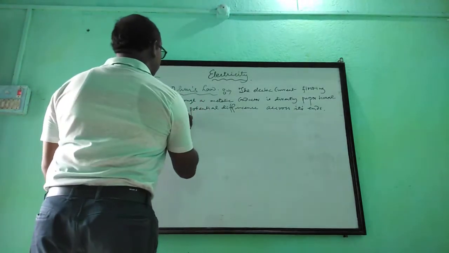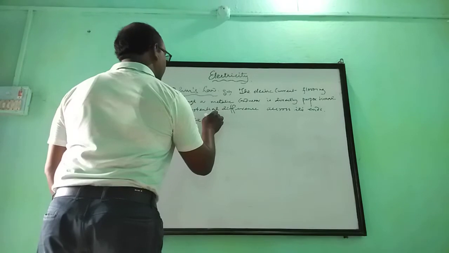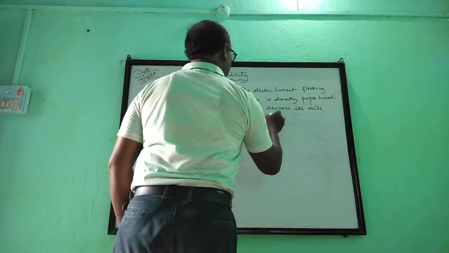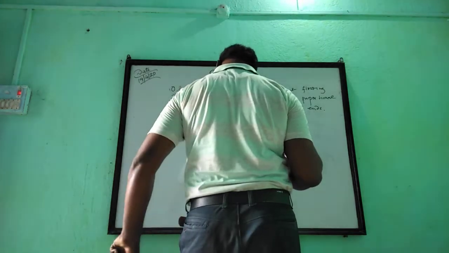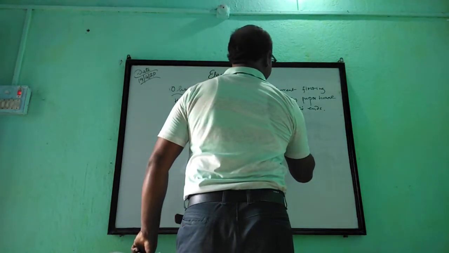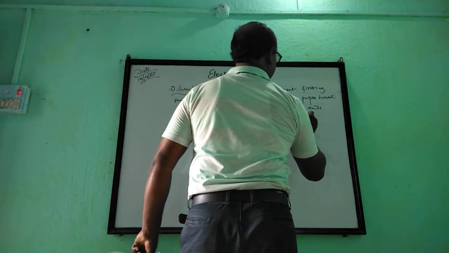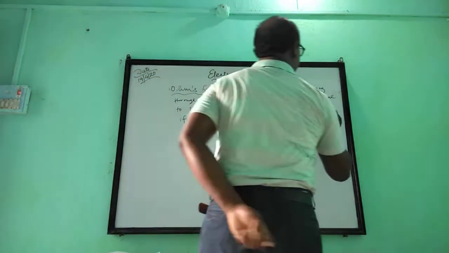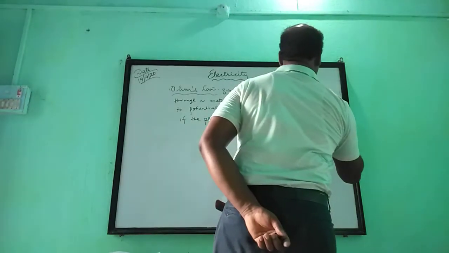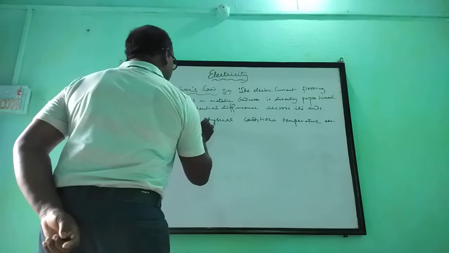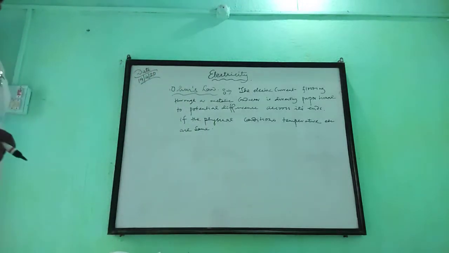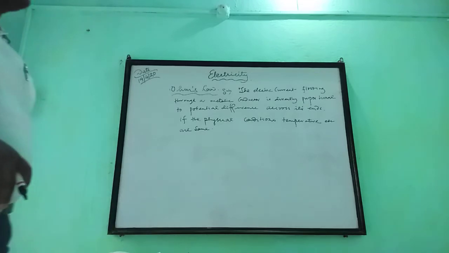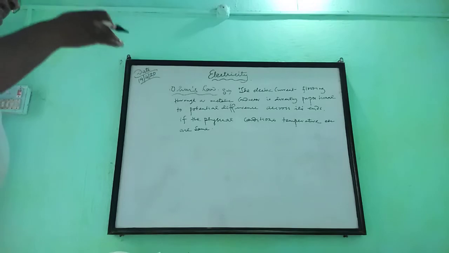If the physical conditions like temperature, etc. are the same, that means if the temperature is not changed, the electric current flowing through a metallic conductor is directly proportional to the potential difference across its ends.